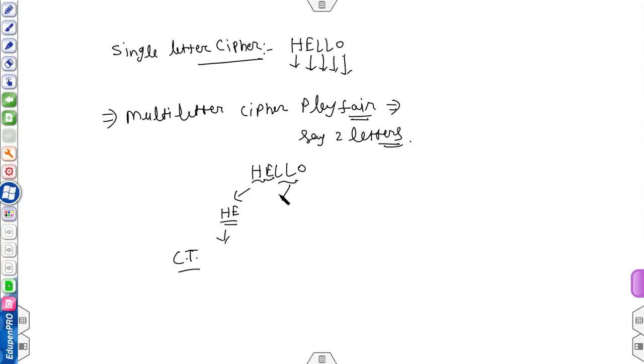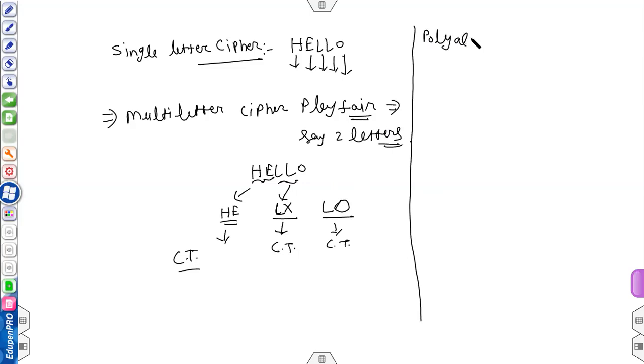Similarly, the second pair will be L and L, and there is a logic in Playfair: if two letters are the same, then we insert a letter, say X, in between, and then we convert this plain text into ciphertext, and after that again L and O. So we may say this is the multi-letter cipher case.